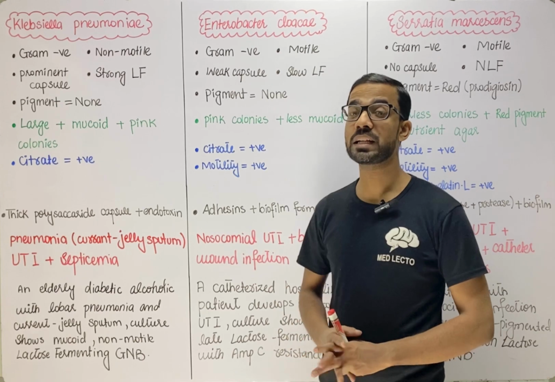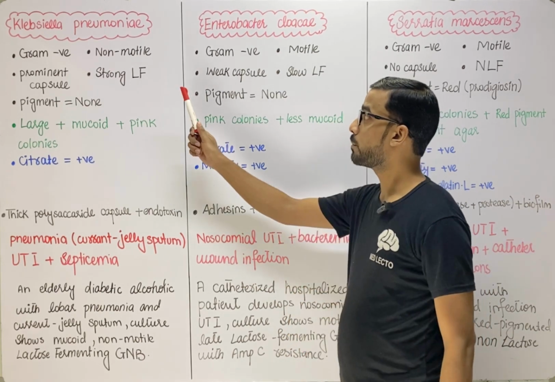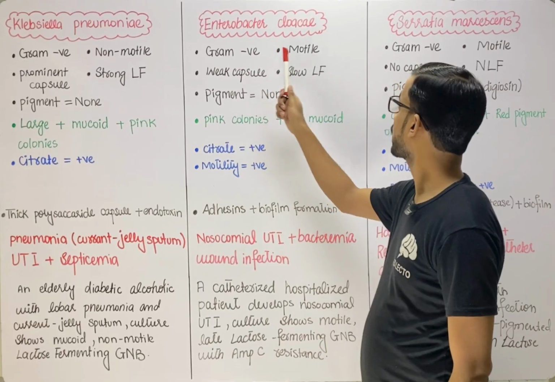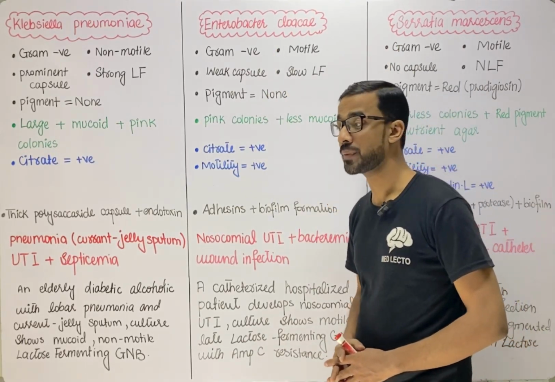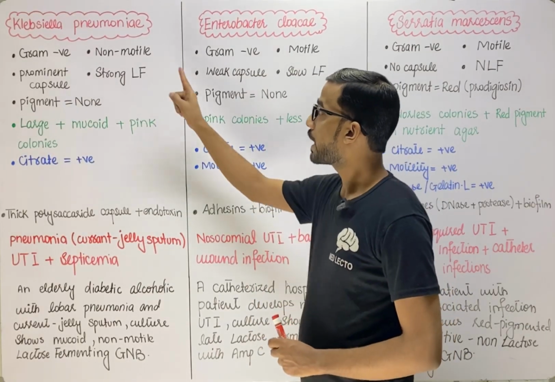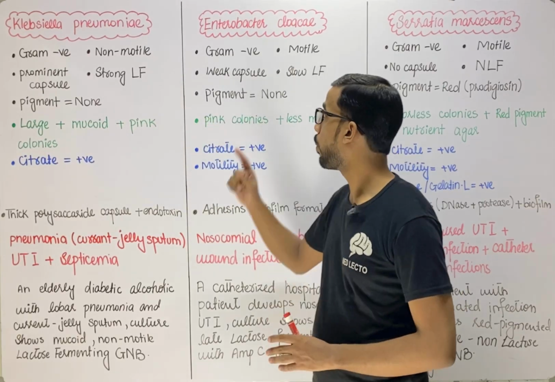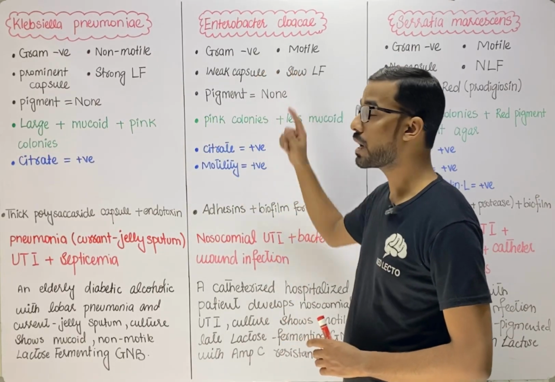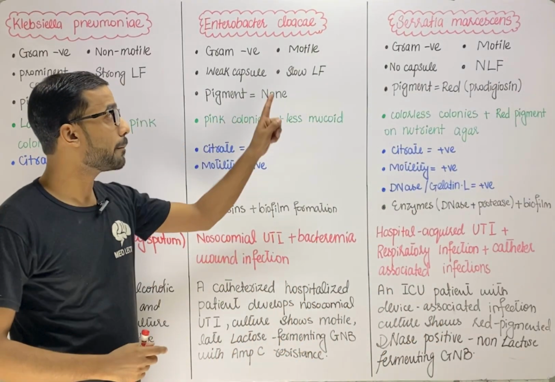So let's get started. First one is the KP, Klebsiella pneumoniae. It's a gram-negative bacillus. All these bacteria, Klebsiella pneumoniae, Enterobacter cloacae, and Serratia marcescens, are gram-negative. Second, Klebsiella pneumoniae is non-motile, while Enterobacter cloacae and Serratia marcescens are motile.